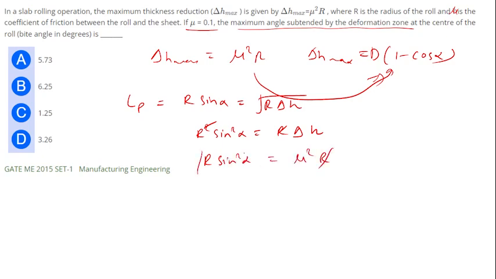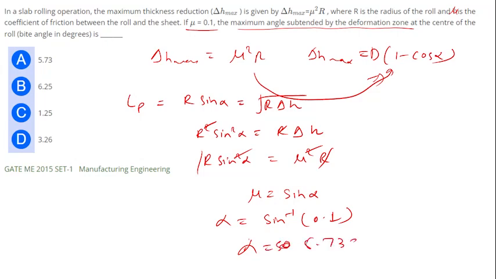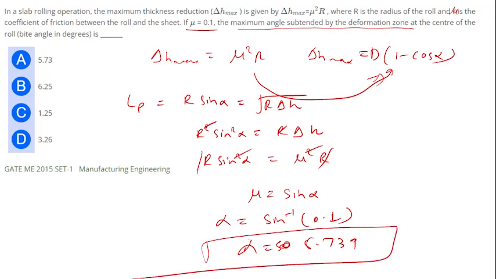Again r and r will be cancelled. It will be mu equals sine alpha. Mu is 0.1, so alpha will be sine inverse 0.1. Alpha will come as 5.739. You can use these two relationships also.